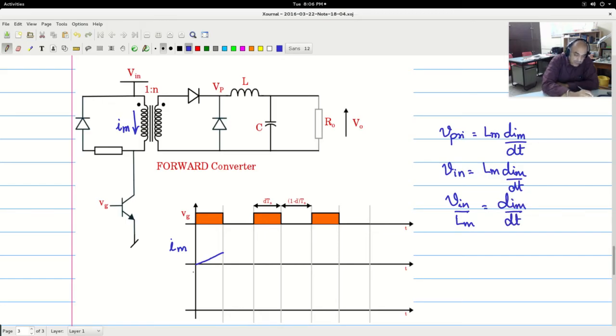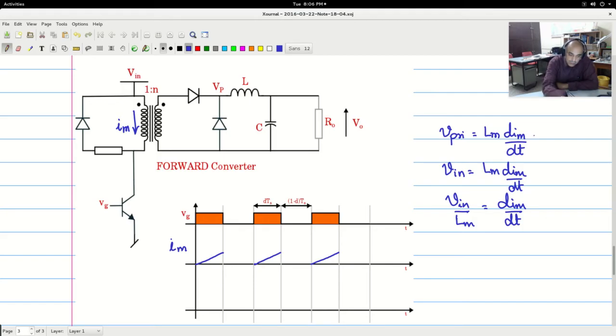And therefore the magnetizing current rises up linearly like this. So everywhere you will see during the time when it is on, it should go like this. Once it has gone, the magnetizing current has gone up like that.